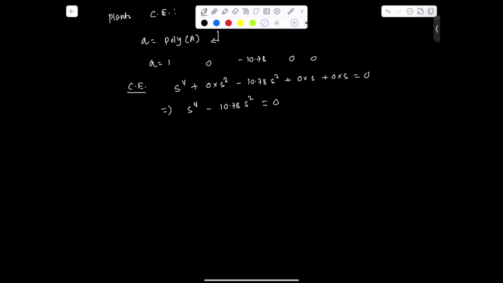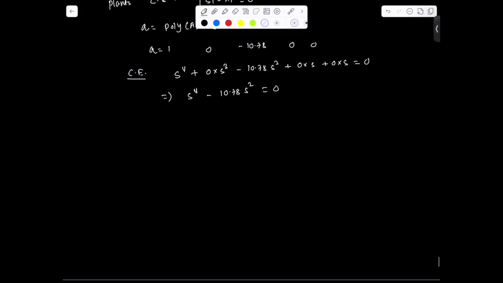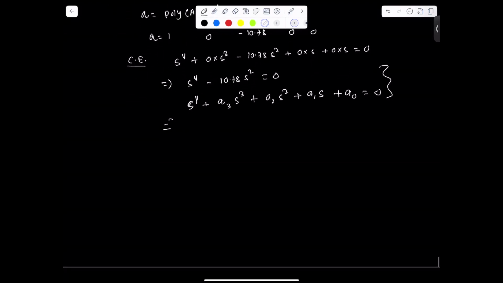If you compare this with s to the power 4 plus A3 s cube plus A2 s square plus A1 s plus A0 equal to 0, we get A3 will be 0, A2 will be minus 10.78, A1 is 0, and A0 is equal to 0.